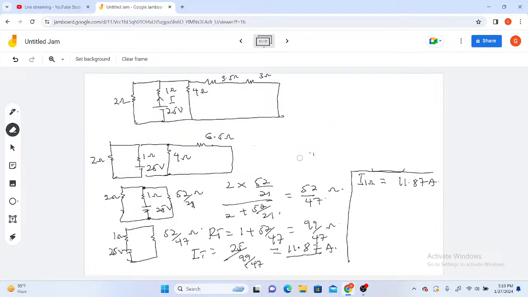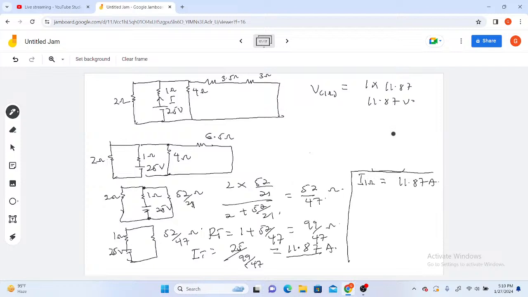So I want to illustrate a voltage drop here. So once the current passes through this 1 ohm, a voltage V of 1 ohm is equal to 1 itself, that is the resistance, times the total current passing through, 11.87. Hence, I'll get 11.87 volts, which is deposited across this 1 ohm.